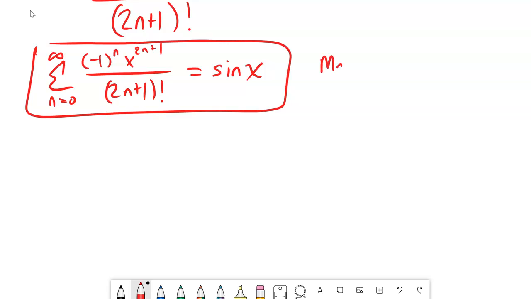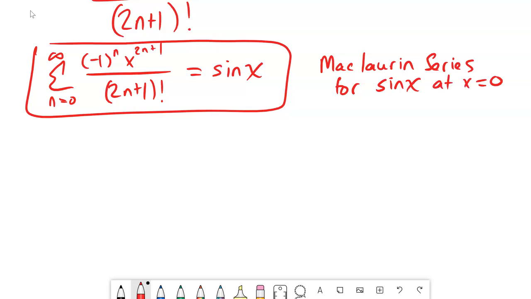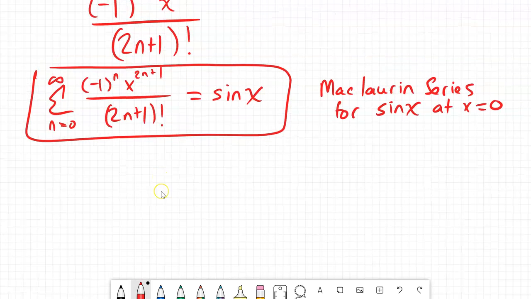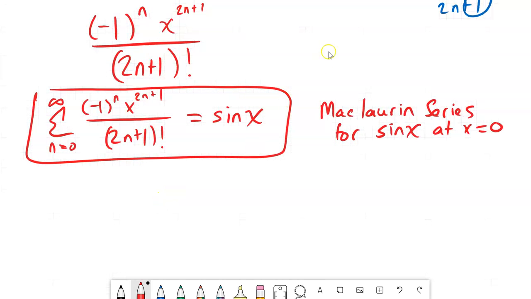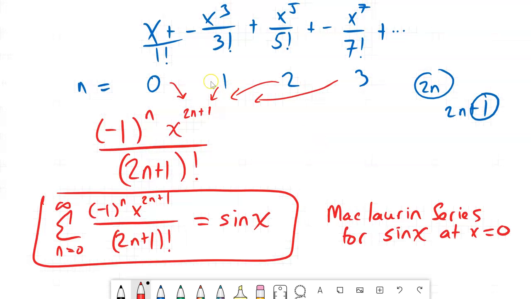It's the Maclaurin series for sine of x at x equals 0. And I guess a quick way to go from n equals 0 to other values is using the Taylor series expansion, and we would do the same thing here.